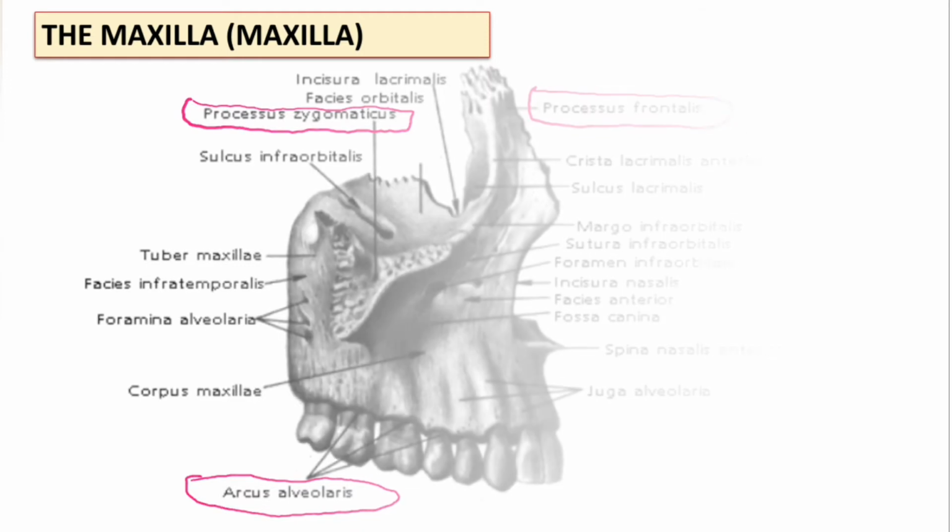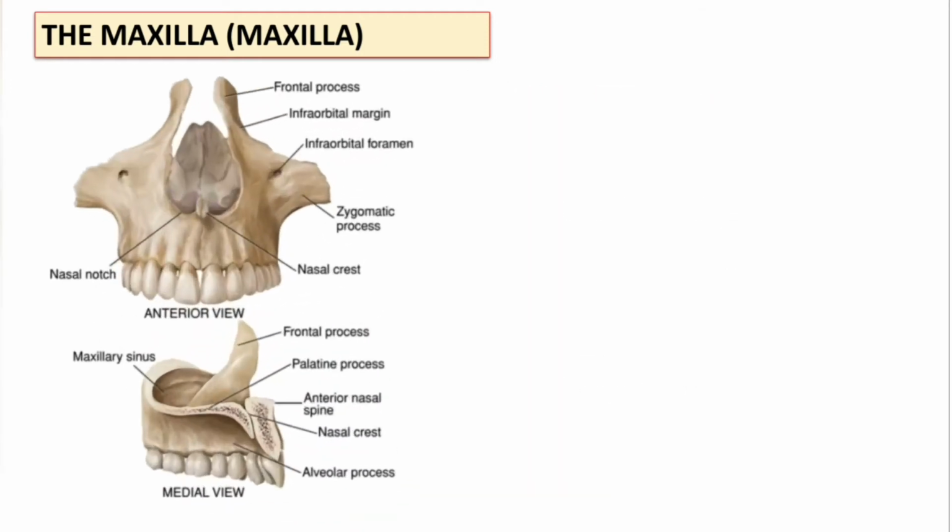Here I want to show you another view. So here is everything. You can see the nasal aperture, the frontal process. This one is the alveolar process. Don't worry about the other labels. This is the zygomatic process, processus zygomaticus.